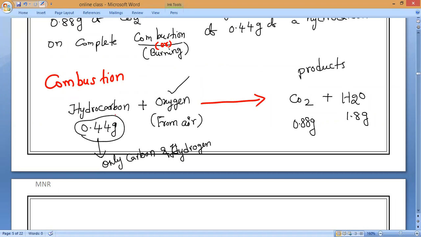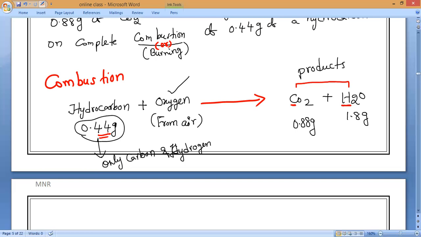Yes or no? Now if I take carbon here and hydrogen here, these two alone, their mass must also be equal to how much? 0.44. Then the law of conservation of mass is true. That is only what they're asking us to prove.